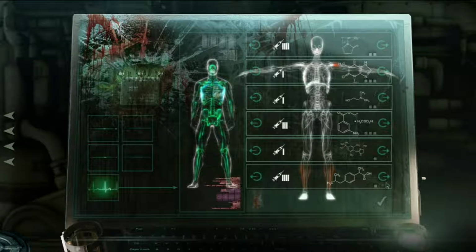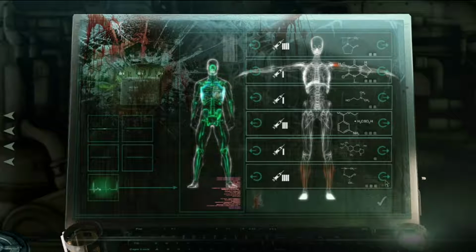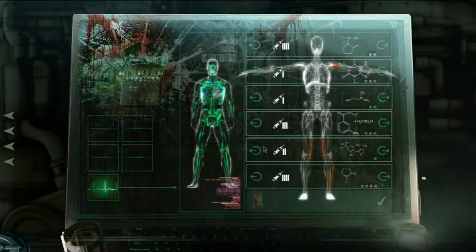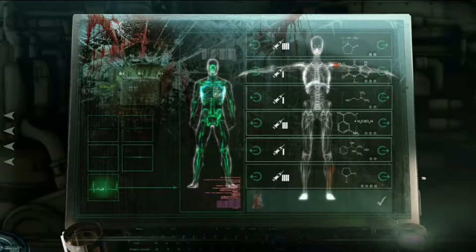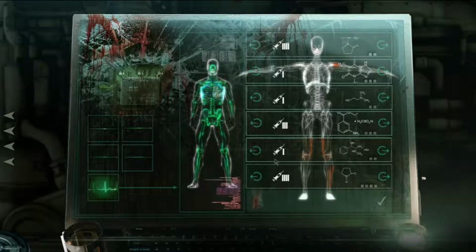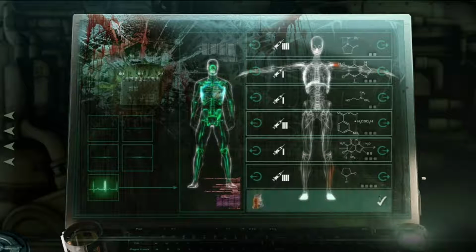Okay, let me check this one. Yeah, I think this is it. And it says 4 doses. So with this we might be able to brute force this.